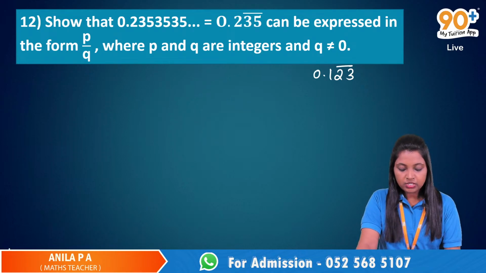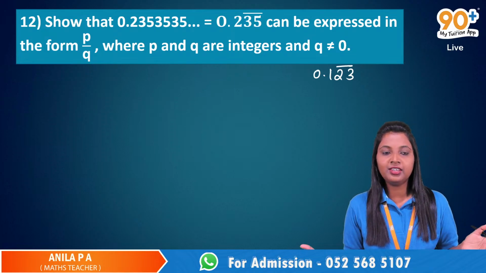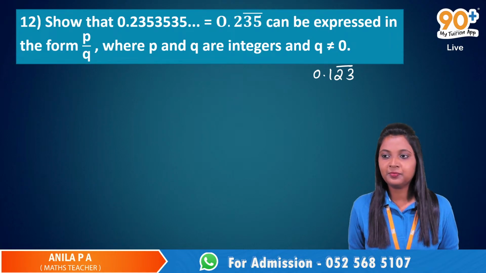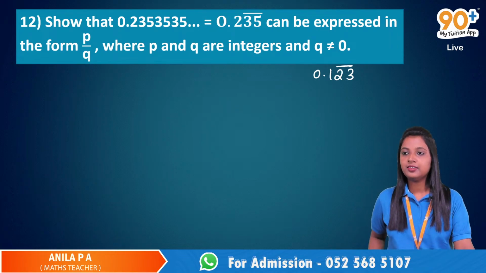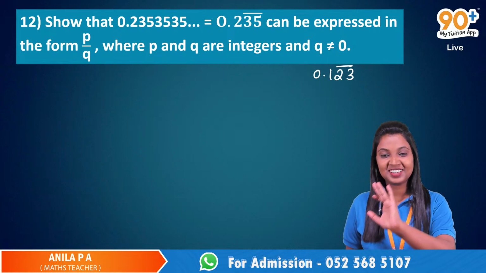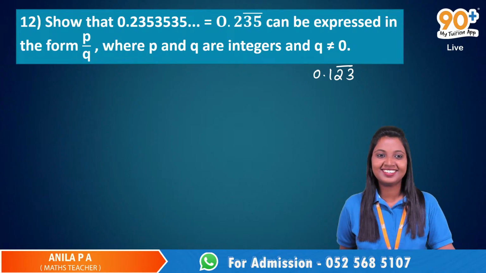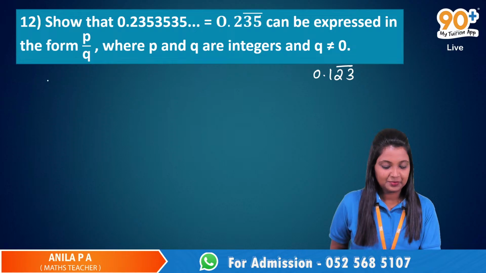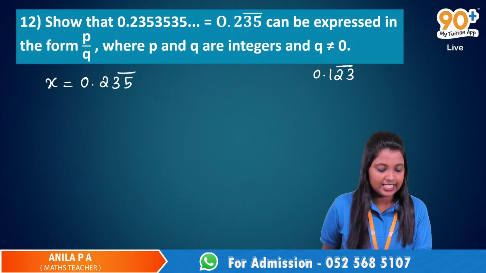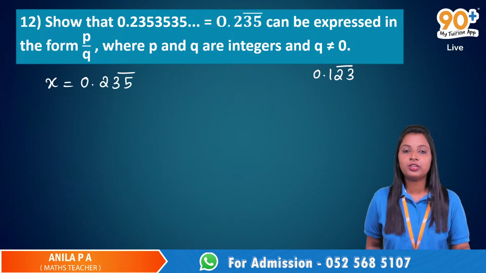Is there anyone ready to solve this question for us? Yes, Ramsey. X is equal to 0.235 bar, and this bar is only for 35.